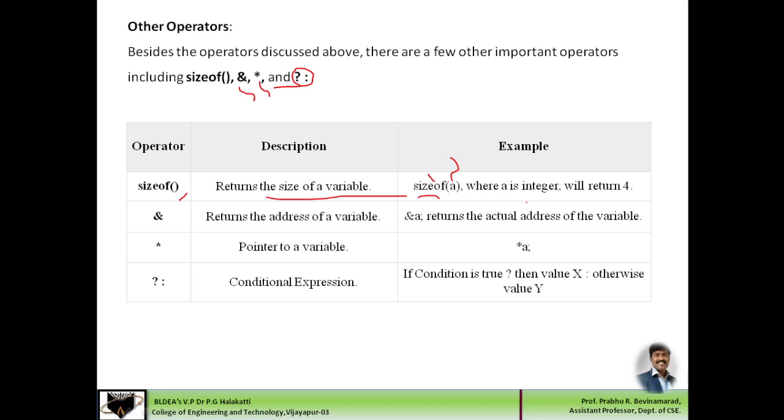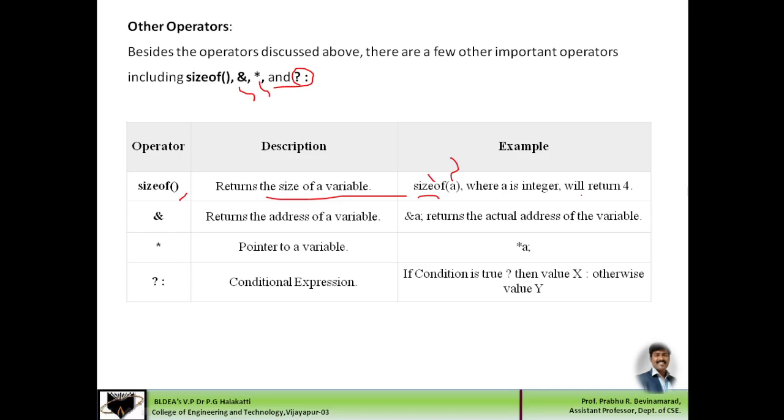This operator will return an integer value, which is nothing but the size of the memory location A. Similarly, you can know the size of any type of identifier. We have different types of identifiers in a C program. Let us name those: integer type, floating type, double type, and character type. We even have a string type of data.